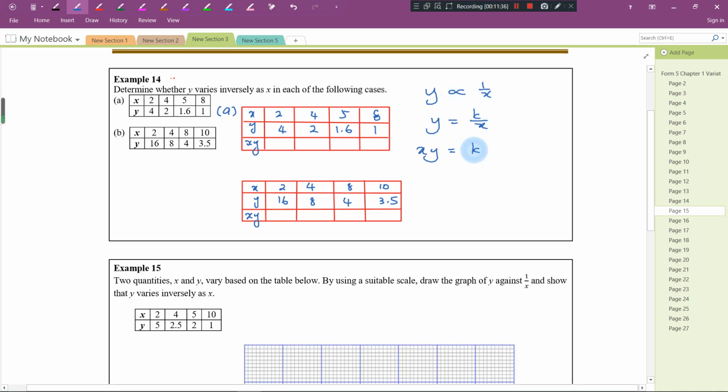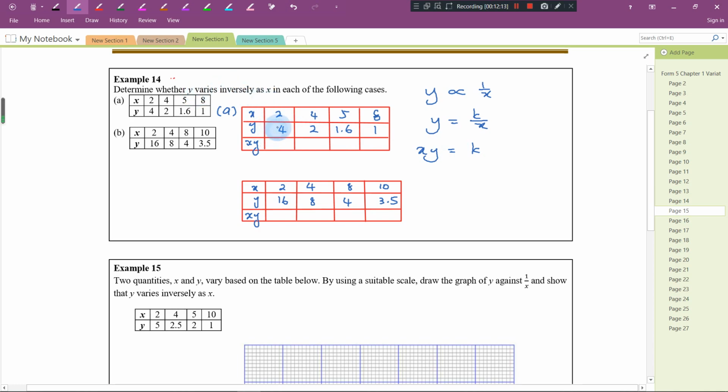If it is not equal to a constant, then y does not vary inversely as x. Let me repeat again. If the value of xy is equal to a constant, then yes, y varies inversely as x. If the value of xy is not equal to a constant, then y does not vary inversely as x.